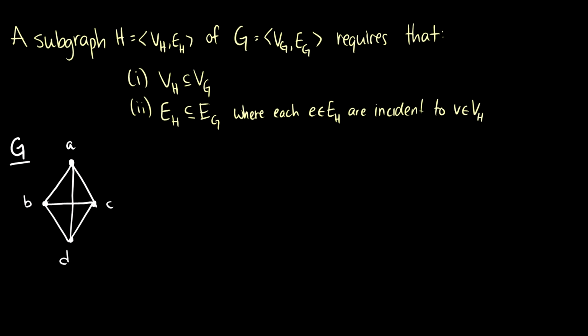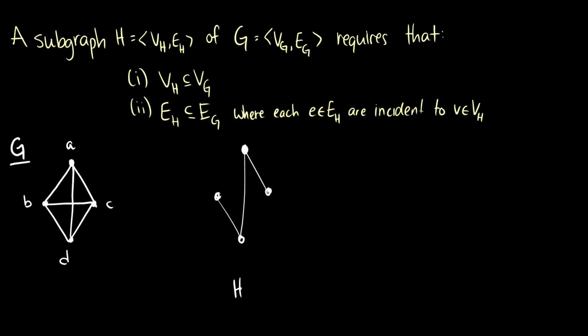Basically, what this means is if we take G, a graph, to take a subgraph, we take our vertices, and what we can do is we can either keep them all. So for instance, in a case where we keep all of our vertices, we'll call this H, we might choose to delete some edges.